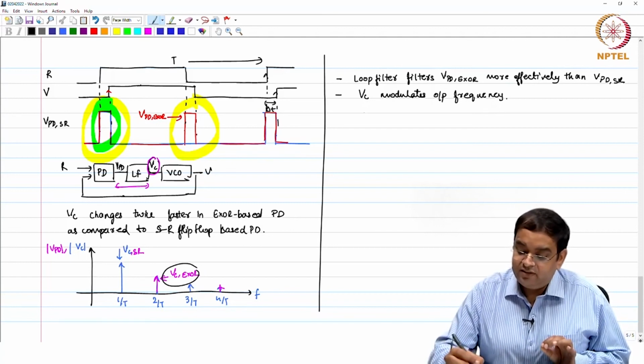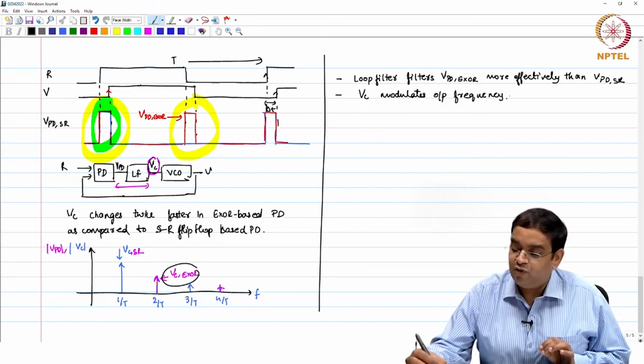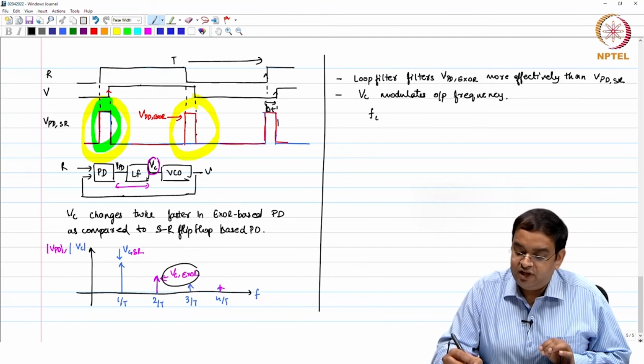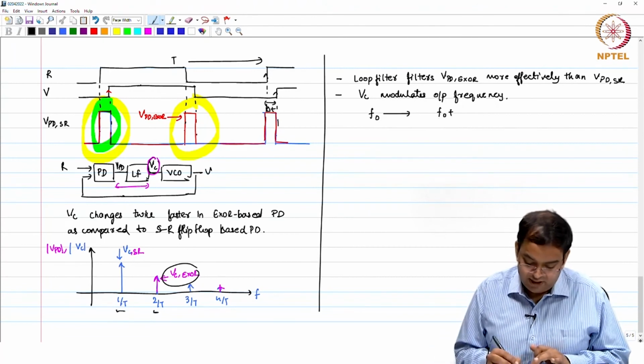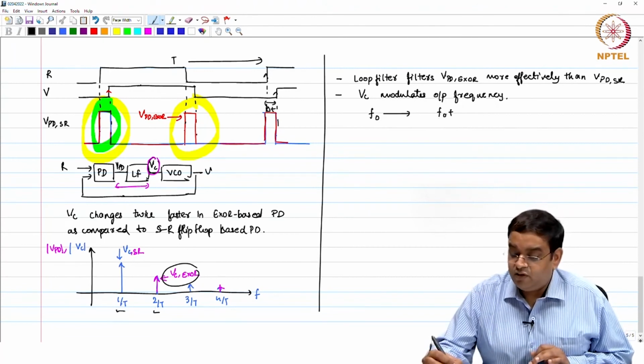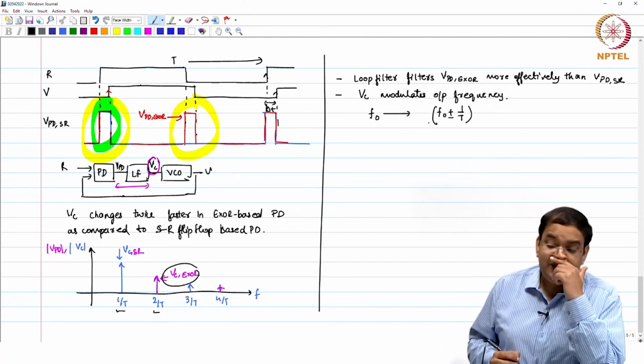The other thing is the magnitude of this modulation. Effectively, whatever oscillator frequency f out you have, you are going to have f out plus minus 1 over T, here 1 over T in this case.